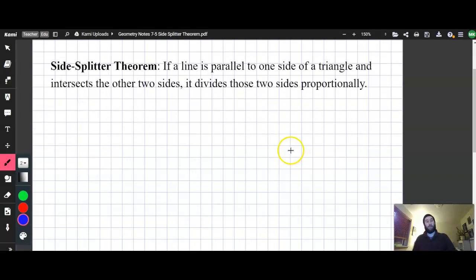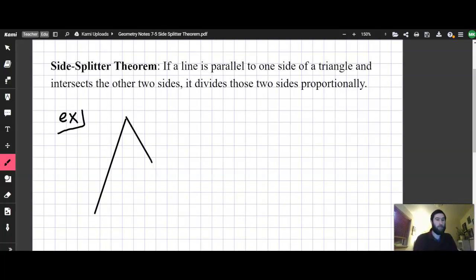Which means when you have yourself your triangle, I'll just draw my favorite triangle here. We pick one of these three sides. I'll pick the bottom side. And we're going to draw a line in the middle so that it's parallel to it.